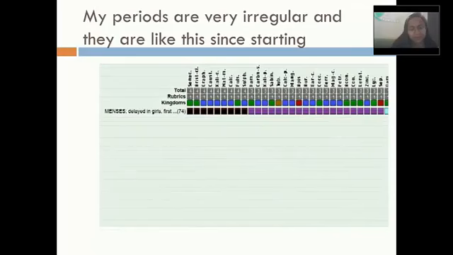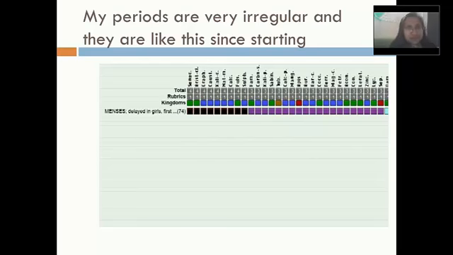Like this, one patient comes and she says that my periods are very irregular, the menses are irregular and they are like this since starting. What will you do? The most probable rubric for this kind of expression could be menses. So you have to go into the menses chapter. Delayed, the word is delayed.